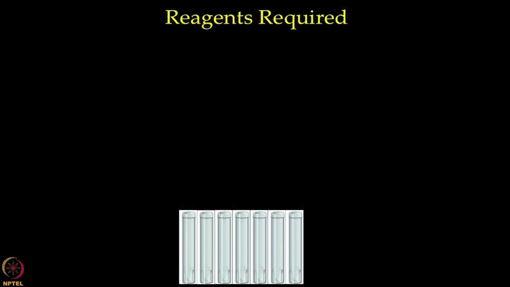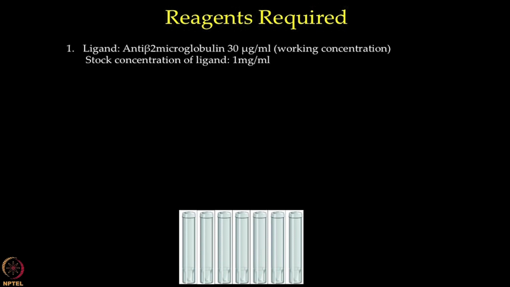As was listed on the table, we will now have a closer look on the buffers and reagents required for immobilization of anti-beta 2 microglobulin. The reagents include a stock concentration of anti-beta 2 microglobulin, from which a working concentration of 30 microgram per ml will be made using an immobilization buffer of 10 millimolar sodium acetate pH 5.